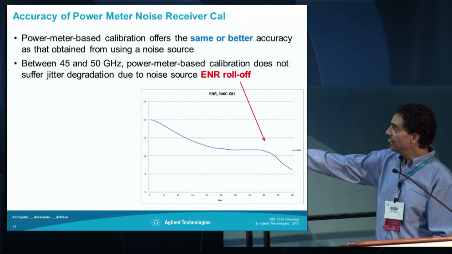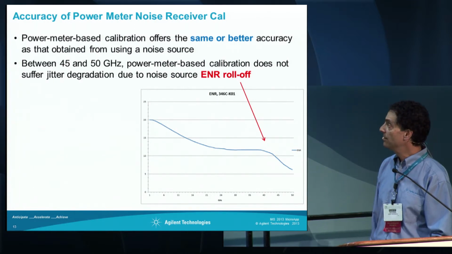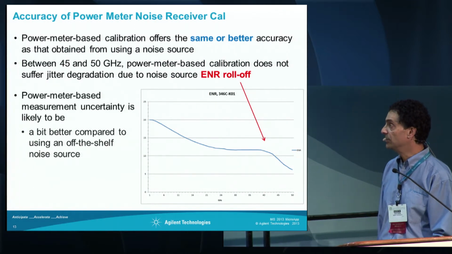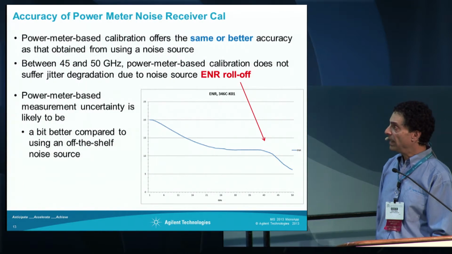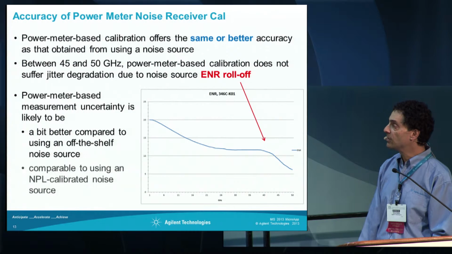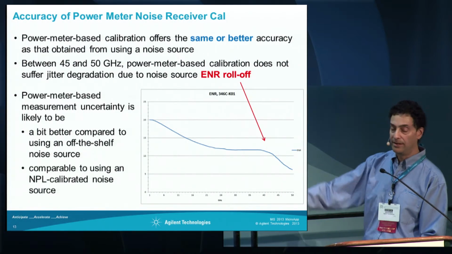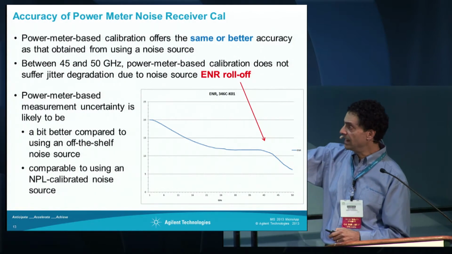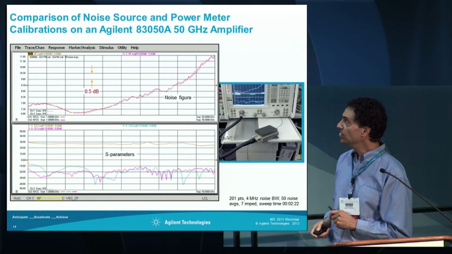The ENR can have a lot of roll-off at the high end, and that's avoided by the power sensor, which is really good. So the power meter approach is a bit better compared to just an off-the-shelf noise source, and it's comparable to actually using an NPL, a National Metrology Lab calibrated noise source. So it's a good method.